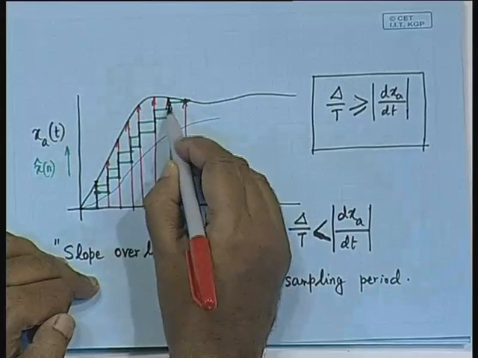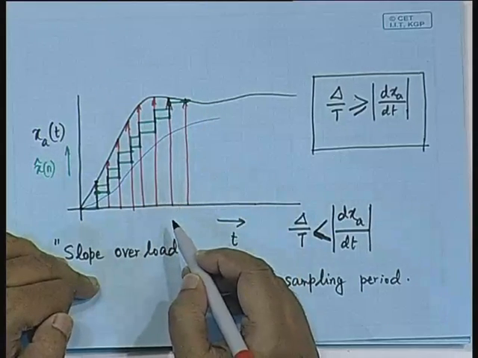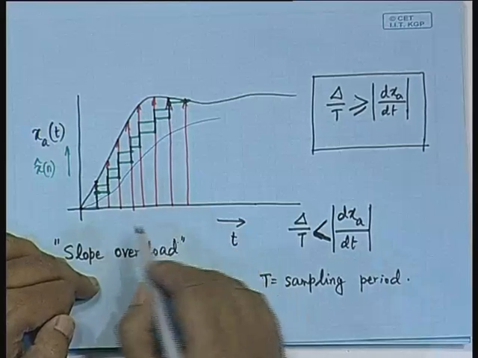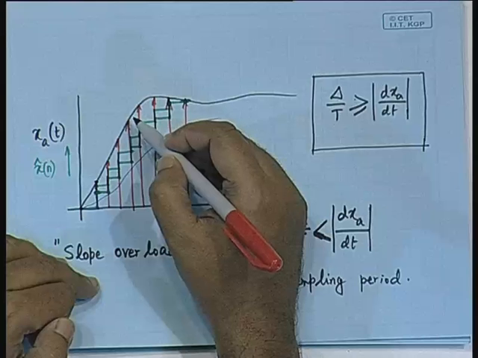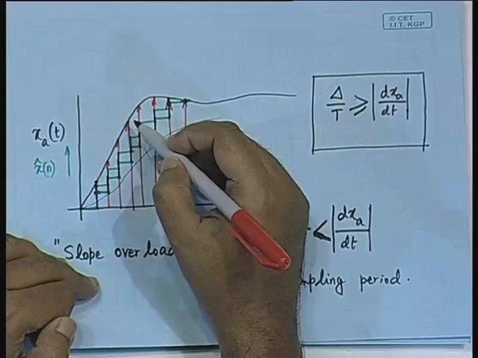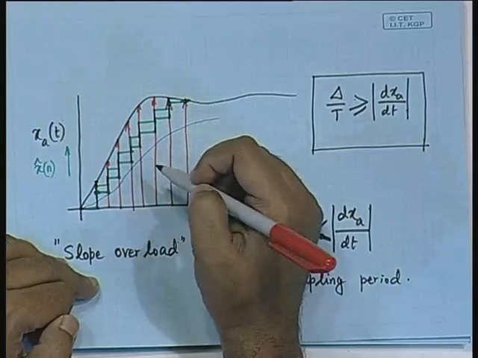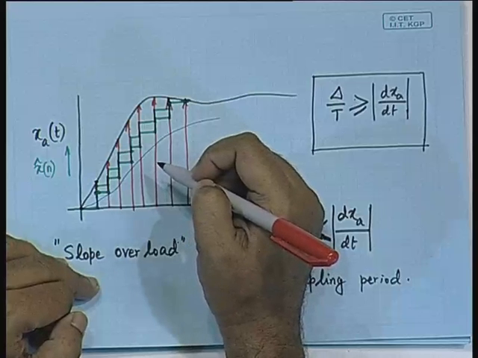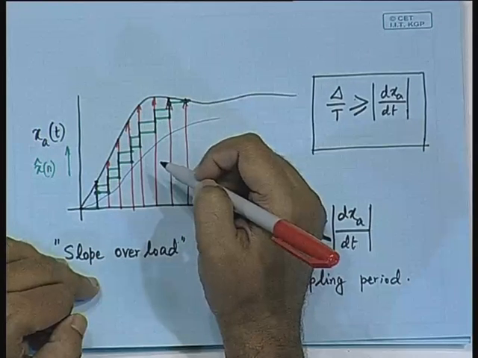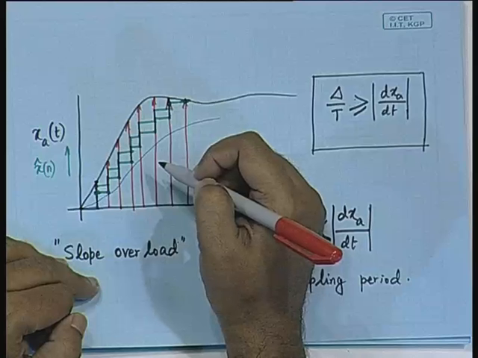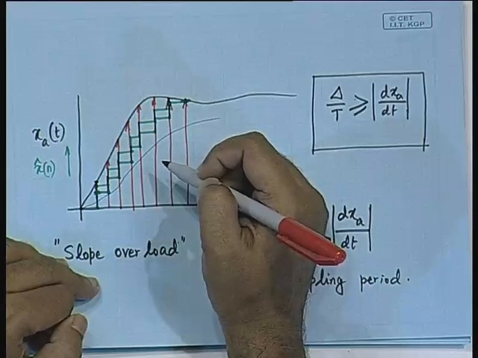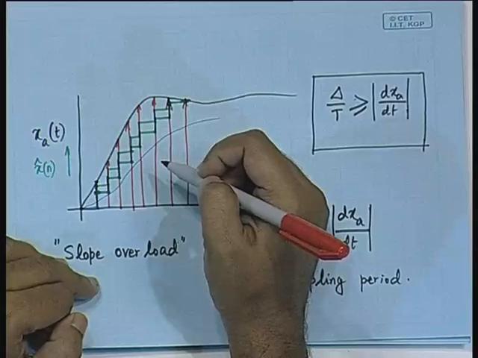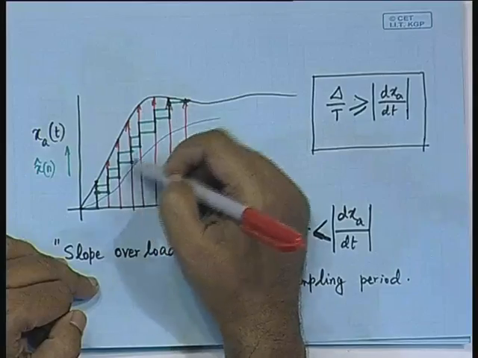In this case, x of n is always higher as compared to x tilde of n. So, d of n is always going to be positive, which means C of n is going to be 1. So, C of n will be a string of 1s.